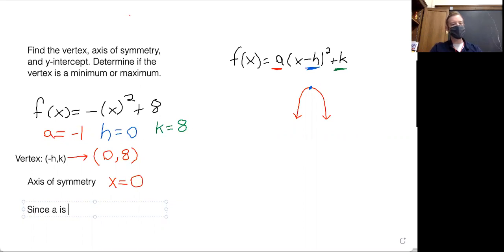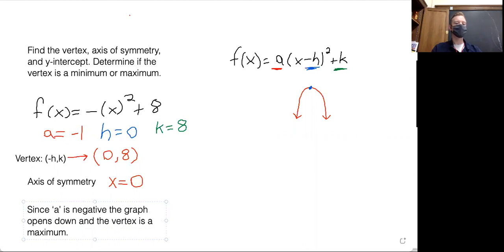Since A is negative, the graph opens down and the vertex is a maximum.